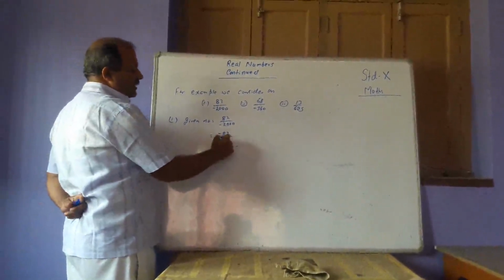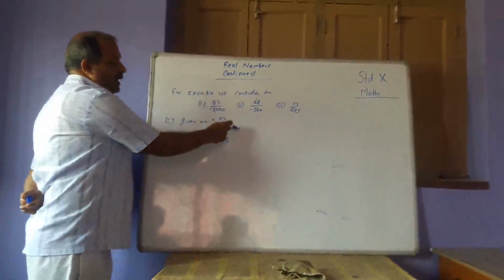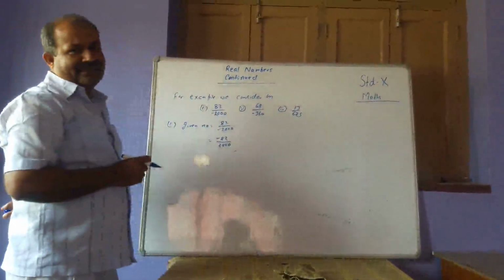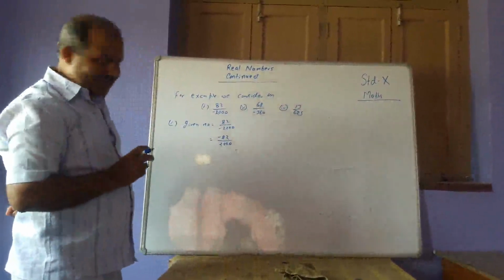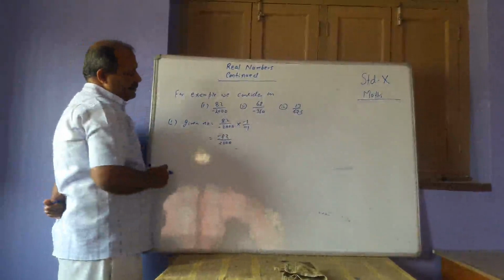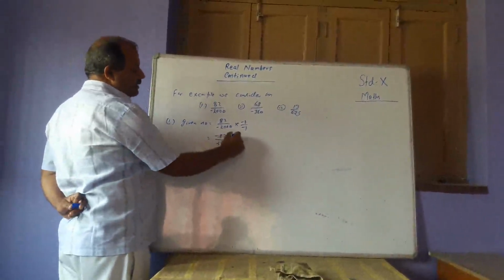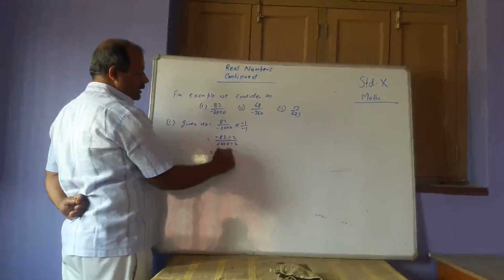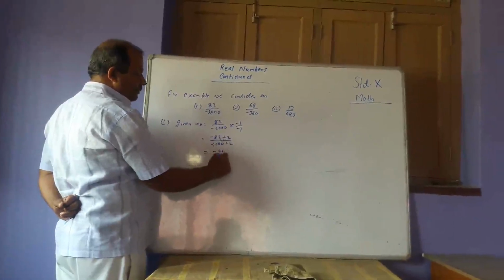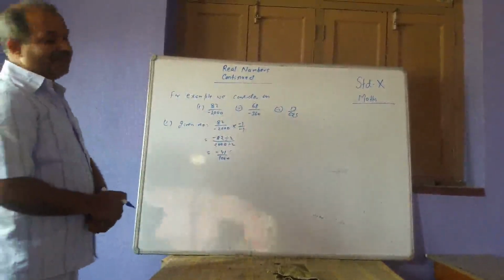It will become minus 82 by 2000. You have to multiply both the numerator and denominator by minus 1. Now we have to divide both the numerator and denominator by 2. It will give minus 41 by 1000. It is in its simplest form.